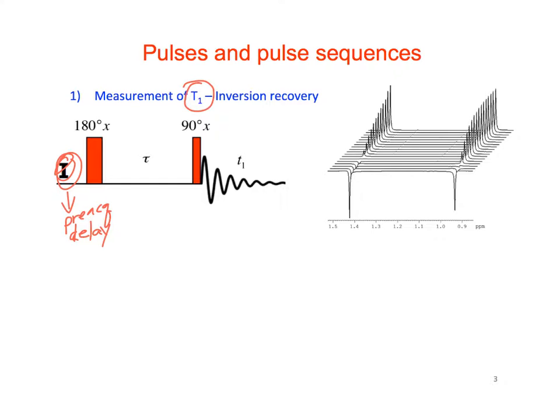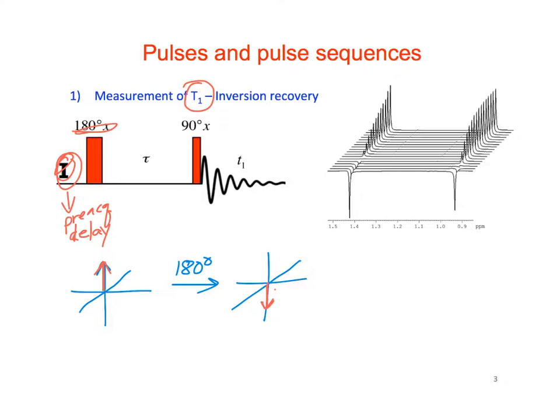All right, so what we do is we start out with a 180-degree pulse. Okay, so here's our starting point. We do a 180-degree pulse, and it flips everything into the minus z direction.